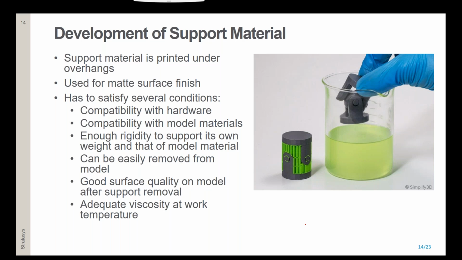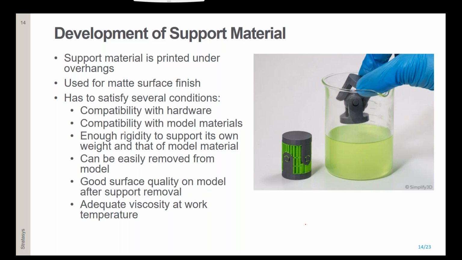It also has to be rigid enough to support its own weight and that of the model material, meaning if you print a cube of support material, you cannot have it deform under its own weight. So it has to be rigid. And then if you deposit a model material on top of that, it has to be rigid enough to withstand the weight of the model material.